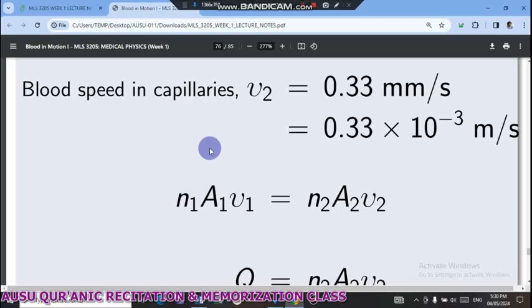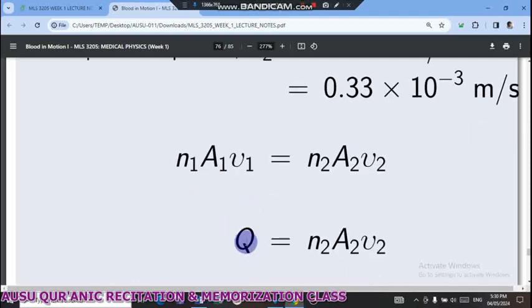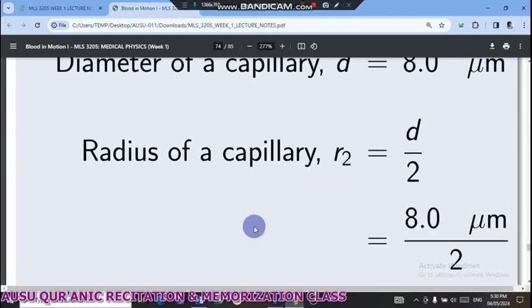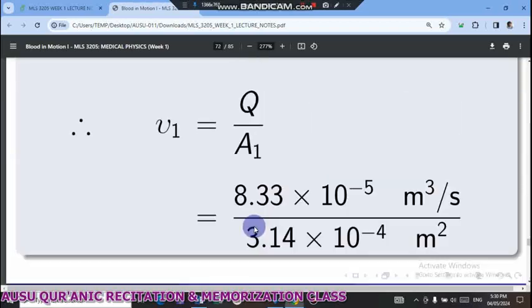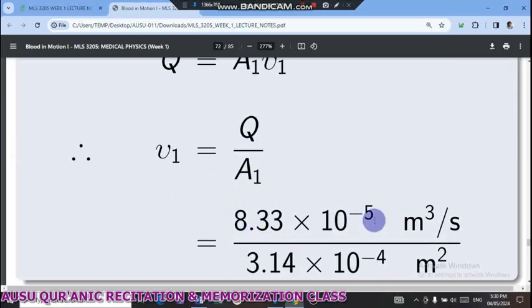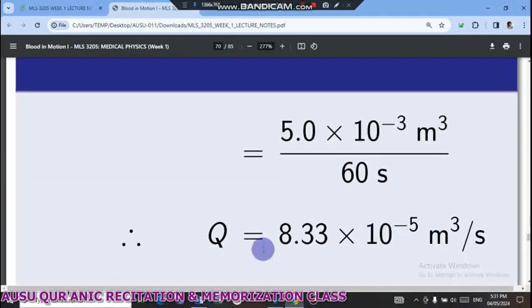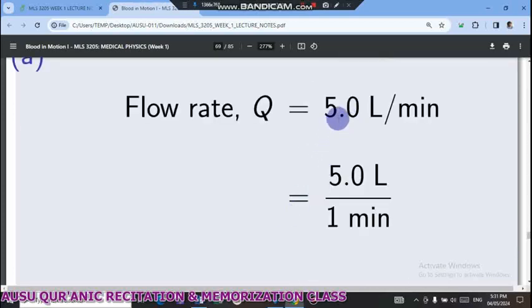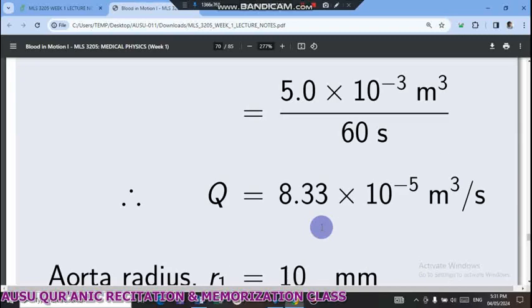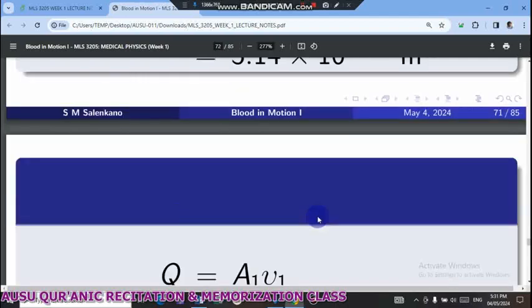So A1 V1 becomes the flow rate in the aorta, which I can just call Q because I already calculated it. Look at it here, the flow rate in the aorta. They gave me the flow rate in liters per minute, and I changed it to meter cube per second. So this is the one that I need, 8.33.